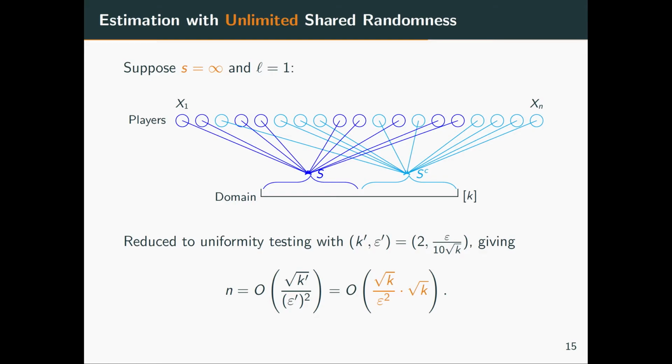Now, the problem is reduced to a uniformity testing problem with k' equal to 2 and epsilon' equal to roughly epsilon over root k. Using the previous bounds in the centralized setting, we get the following bound of square root k over epsilon squared multiplied by square root k. You can also show that this is tight for public coin schemes.